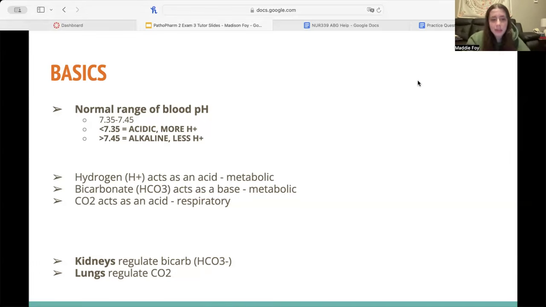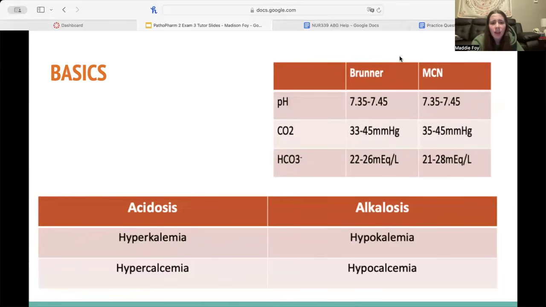a more alkalotic state. Your kidneys are responsible for the regulation of bicarbonate and your lungs for CO2. And that's kind of where we get into metabolic versus respiratory imbalances. I pulled these from your professor's slide again.